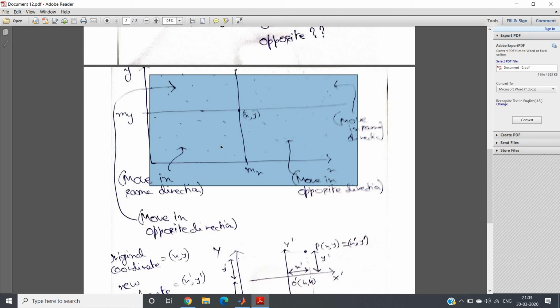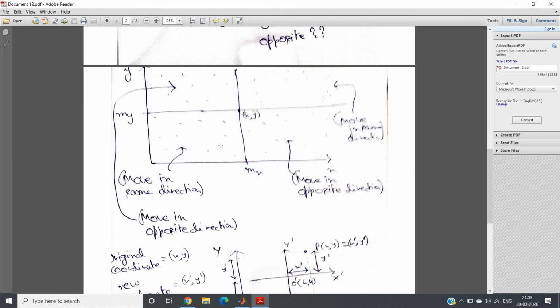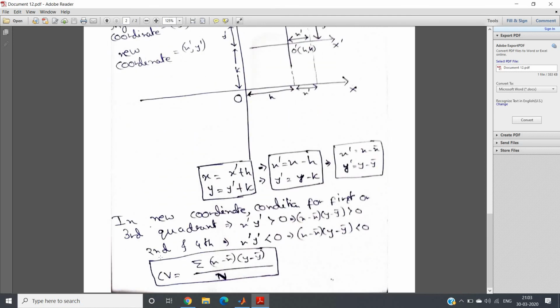To calculate for the whole data set, we simply take the summation and then divide by the total number of data points. That means we take the average. That's all; that's what covariance is. So covariance equals summation of x minus x bar into y minus y bar, divided by n. This is nothing but x dash into y dash.